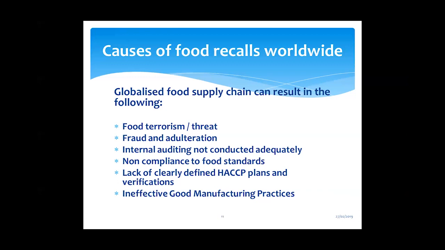The Chinese food companies used the nitrogen-based compound in the formula and other products to make these products appear to have more protein in them. And the devastating effect was it harmed the kidneys of babies, etc. And the same thing happened with pet foods as well.